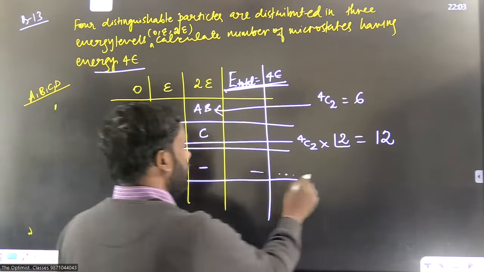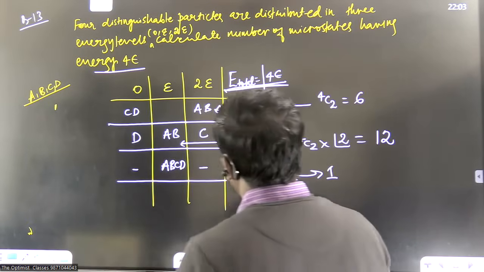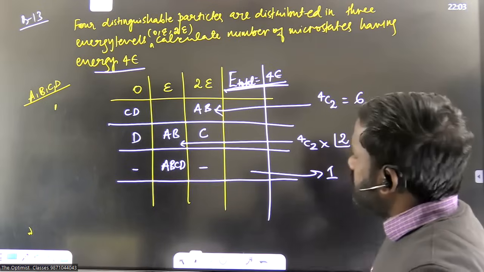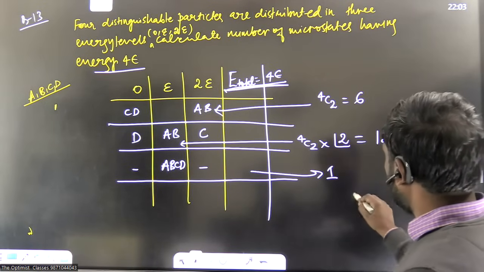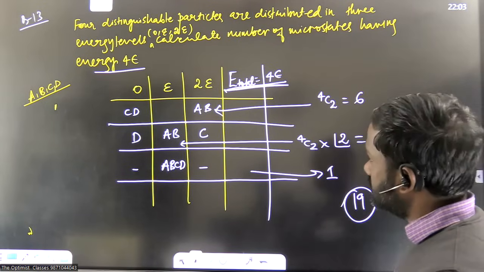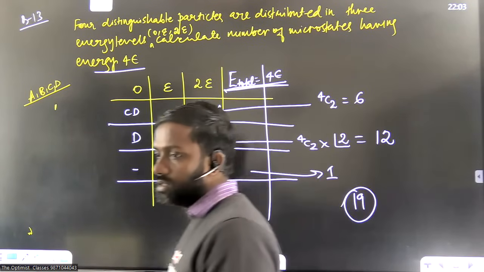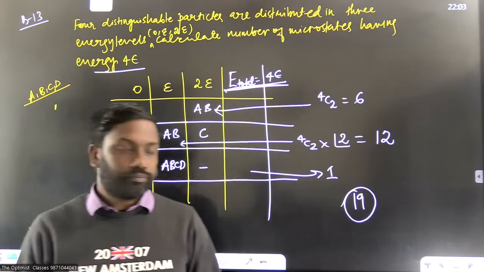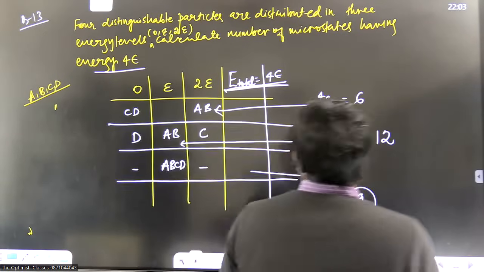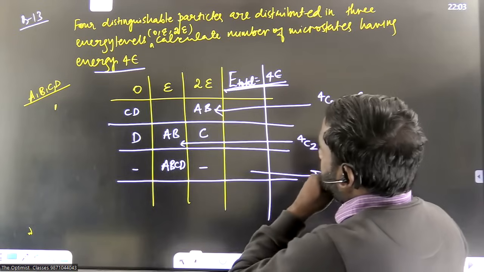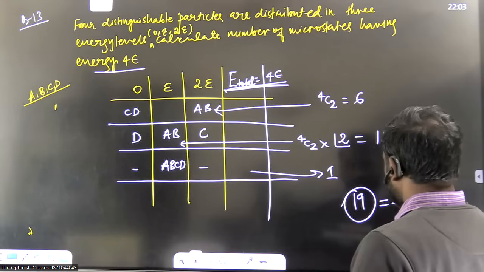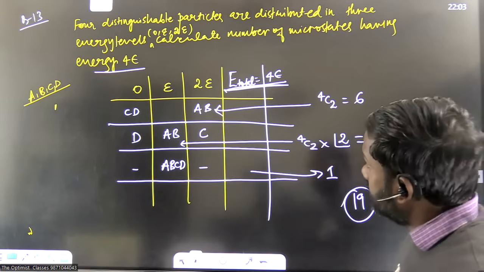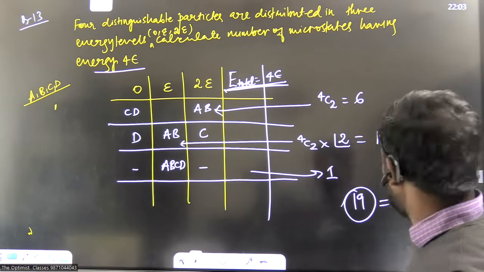You can check, I think there is no other possible configuration for this. So total will be 19. There are total 19 ways in which you can distribute particles and get total energy equal to 4 epsilon. So the number of microstates is equal to 19. I think I have not made any mistake.